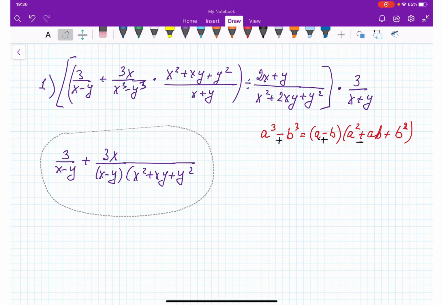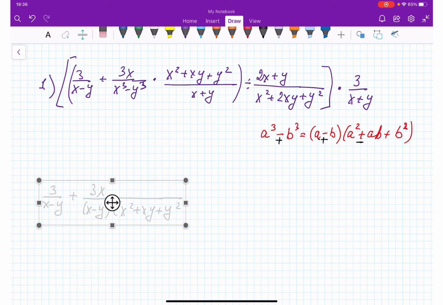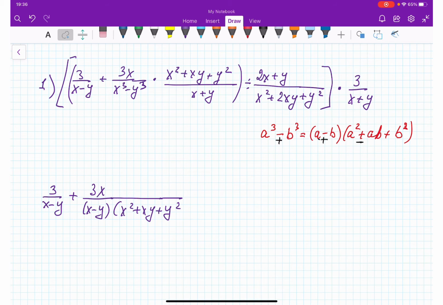And we are going to multiply x squared plus xy plus y squared over x plus y.